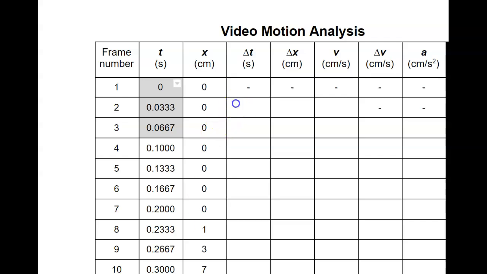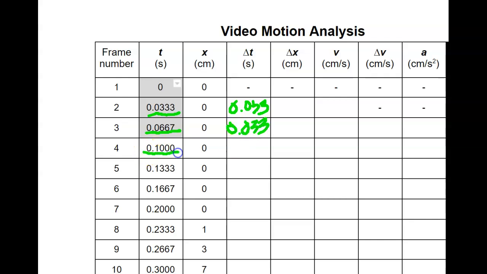So my time here is going to be 0.033. Then at time 3, I'm going to take 0.667 and subtract it from 0.033, and it's going to give me 0.033.